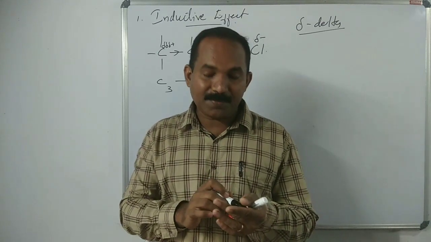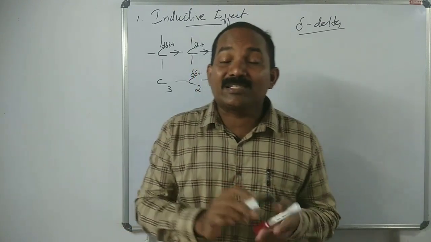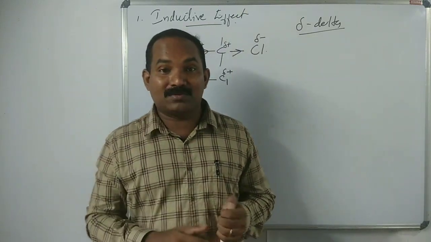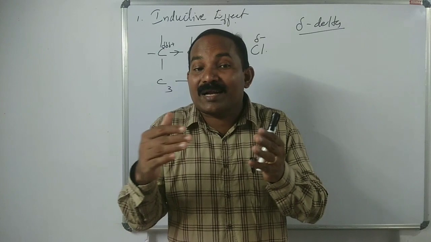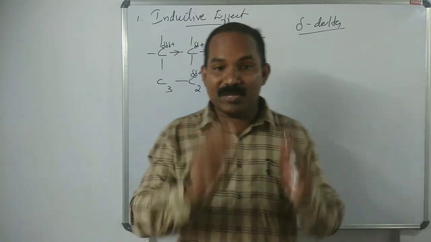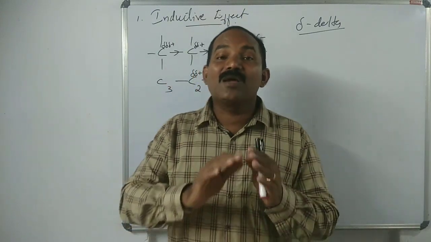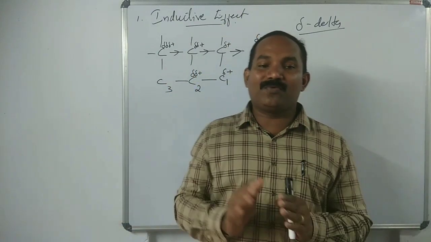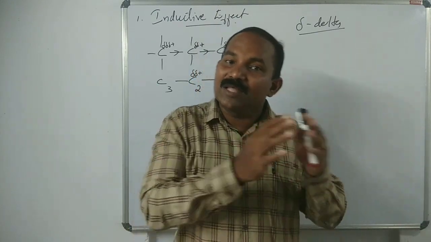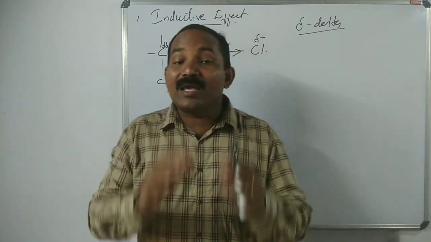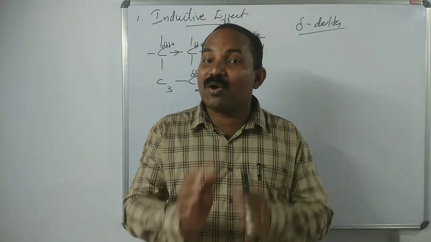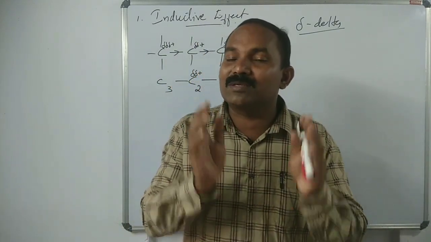Okay, once again, inductive effect is a permanent displacement of electron along the carbon chain where some atoms or group of atoms with a different electronegativity than the carbon atom is attached to the carbon chain, is called inductive effect.